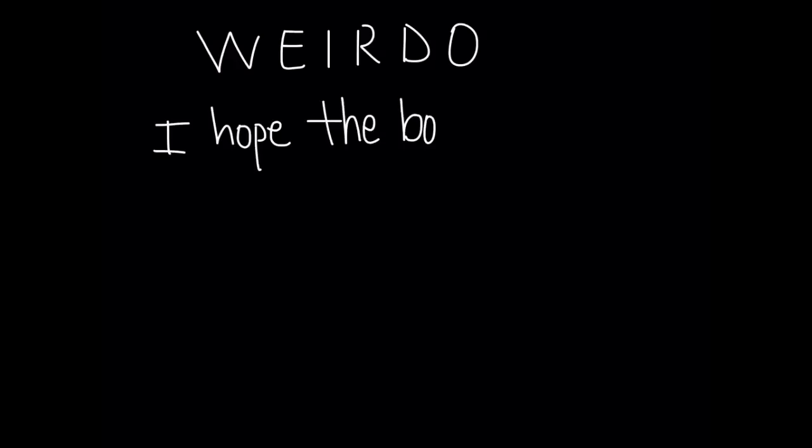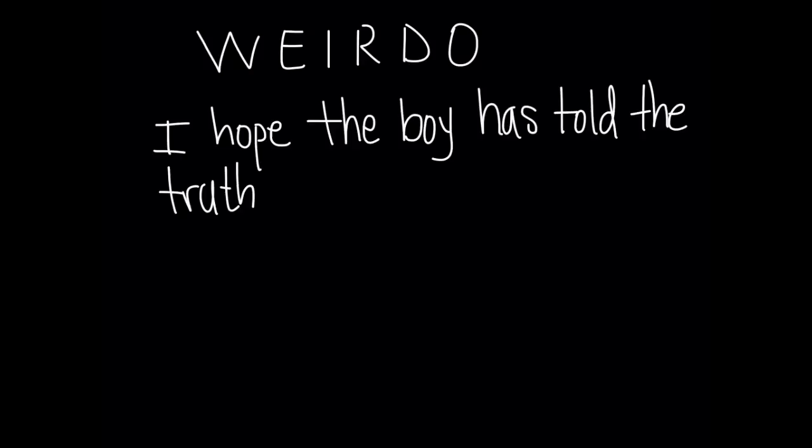And of course, the same rules that apply to our acronym WEIRDO in the present subjunctive apply in any type of the subjunctive tenses. So for instance, I hope the boy has told the truth.